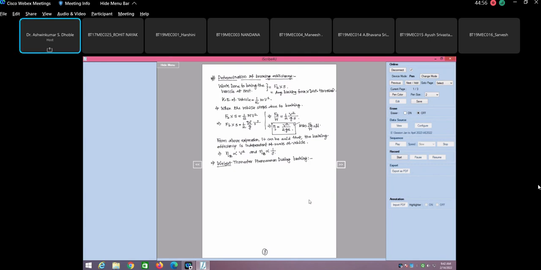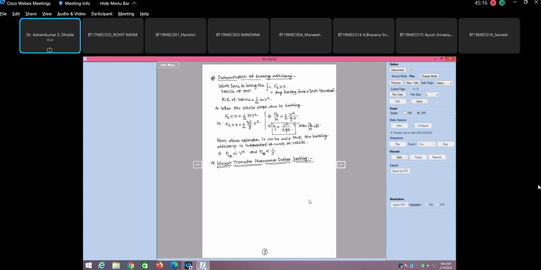So sir, this particular thing will answer your query. Okay, sir, when you apply the brake, the kinetic energy and weight of the vehicle will act through the CG, which is above the ground level.